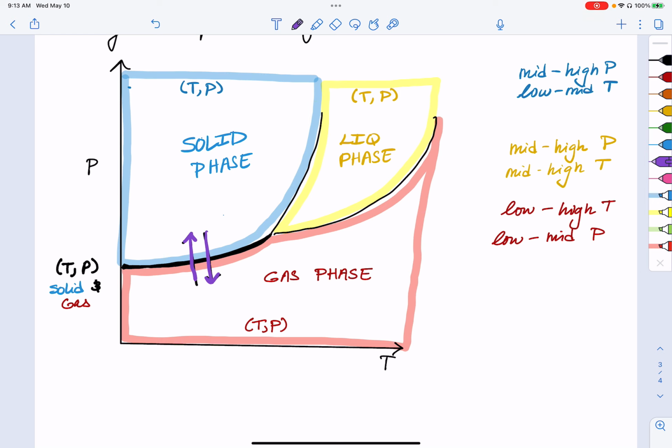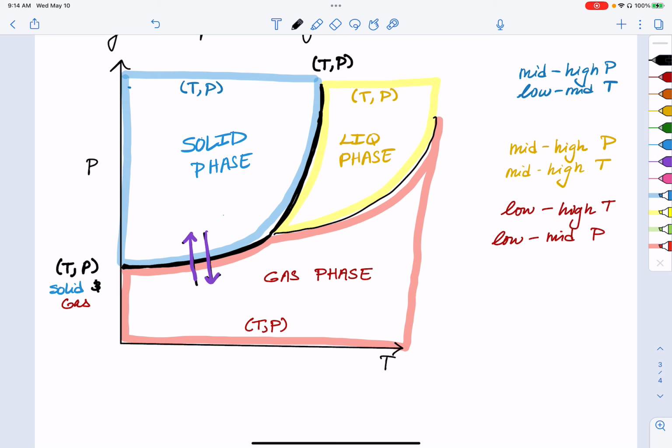What if we were to look at this segment of the curve, up here? Again, these are other temperature and pressure data points. This curve is made up of a series of points, right?